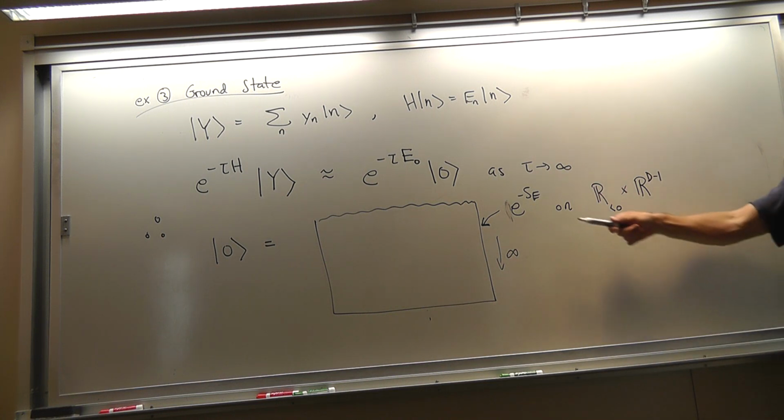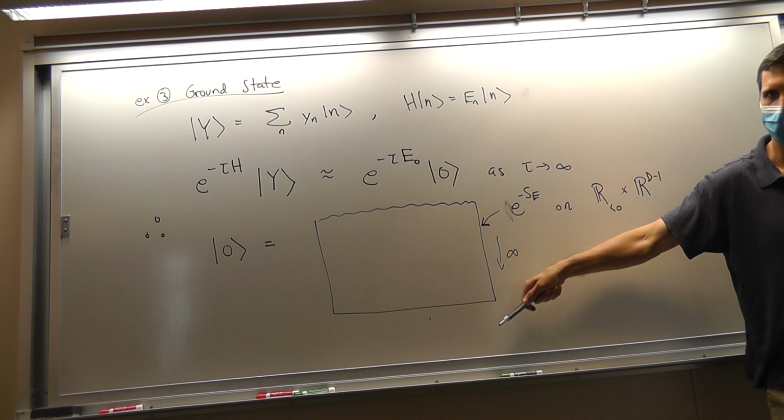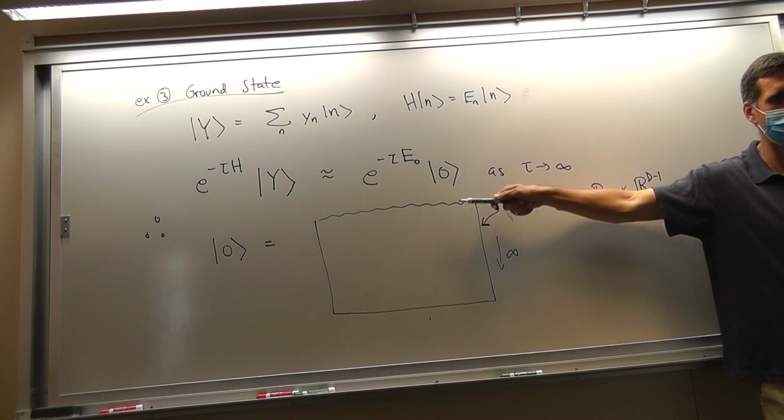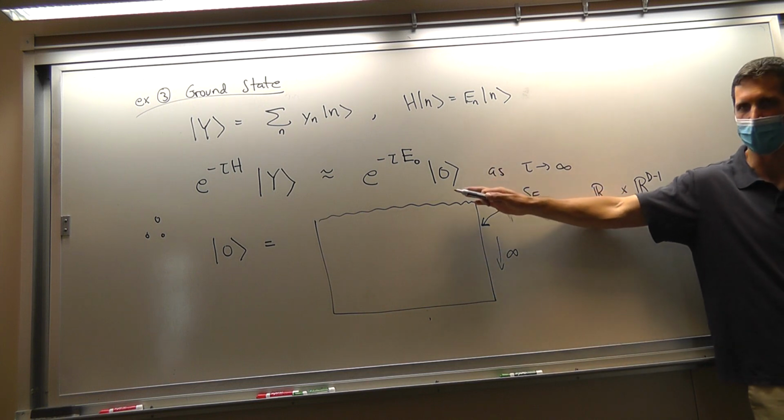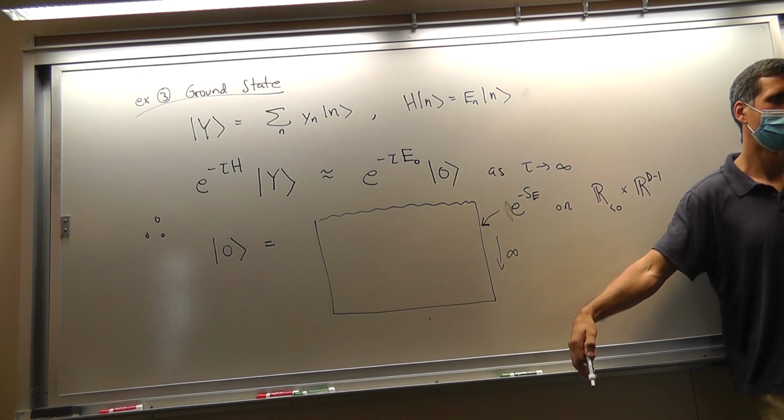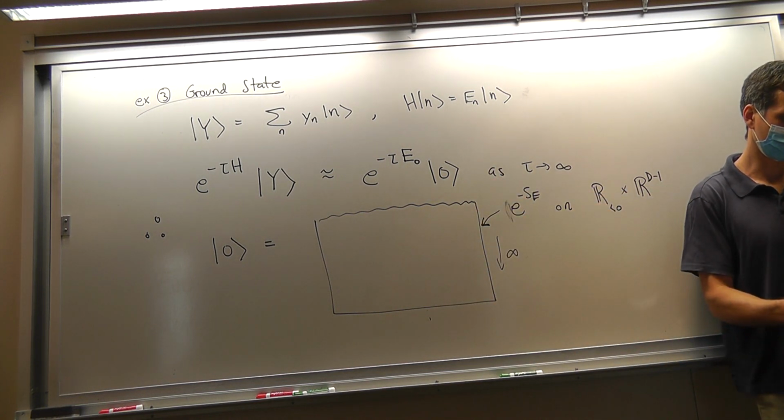The half real line meaning the negative half plane here. But the integral just goes down all the way to infinity. And it doesn't matter what data you specify at infinity.